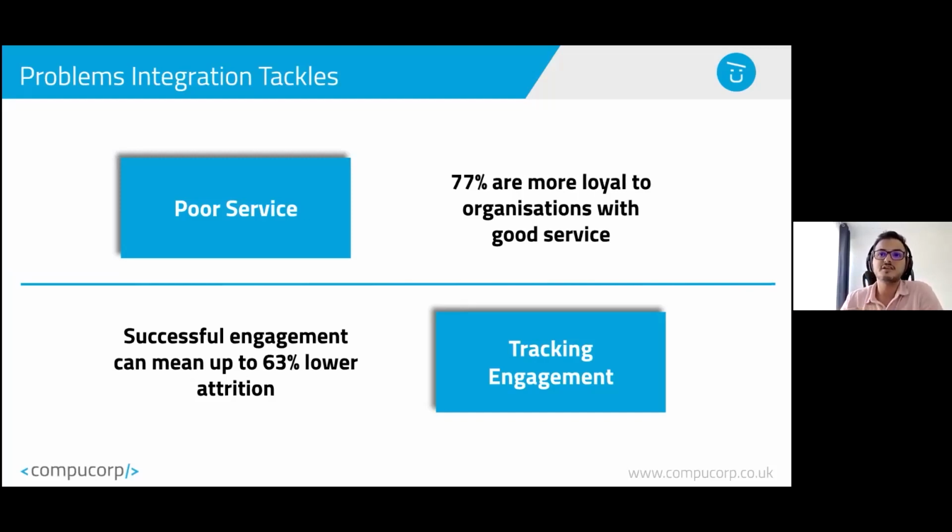Researchers say that 77% of individuals are more loyal to organizations with good service, right? That's certainly true about my own experience, and I would imagine yours. If I interact with an organization that has good service, I'm more likely to do repeat business and try to avoid the ones that don't offer good service.